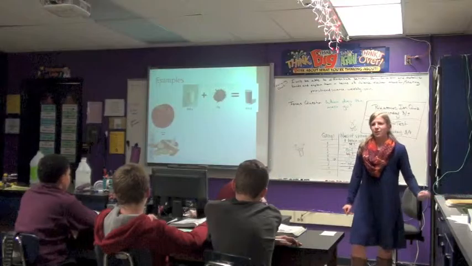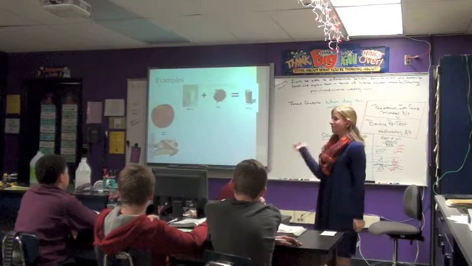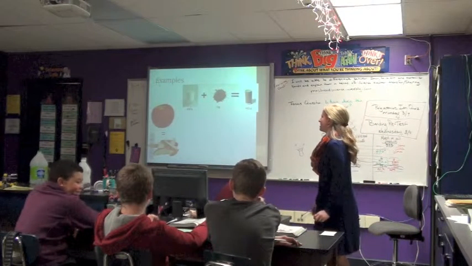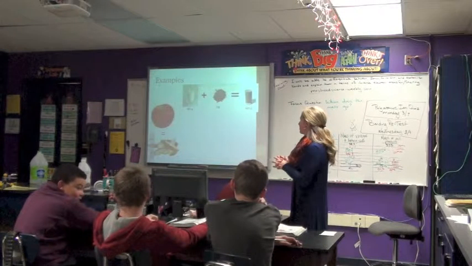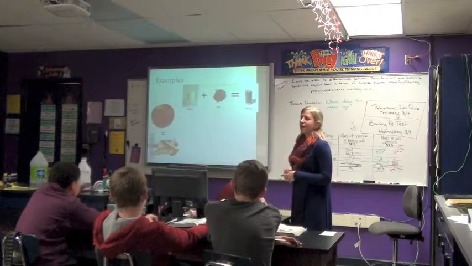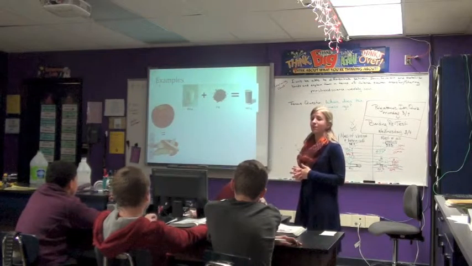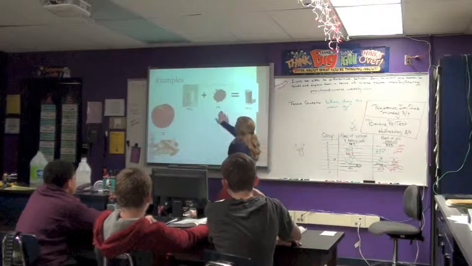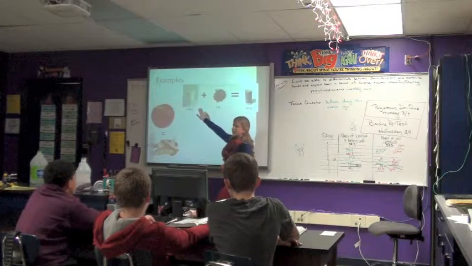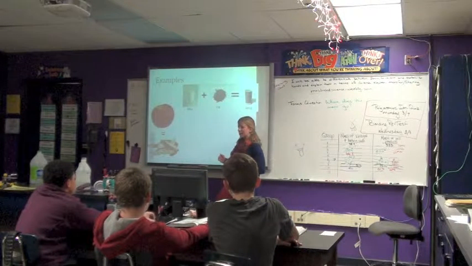How many of you guys like chocolate milk? Me too. Okay. So this example would be if you start with 450 grams of milk and you add 15 grams of chocolate milk powder, then you would get 465 grams of chocolate milk. So if we thought of this as a chemical reaction, then these two things would be called what? Reactants or products? Reactants.